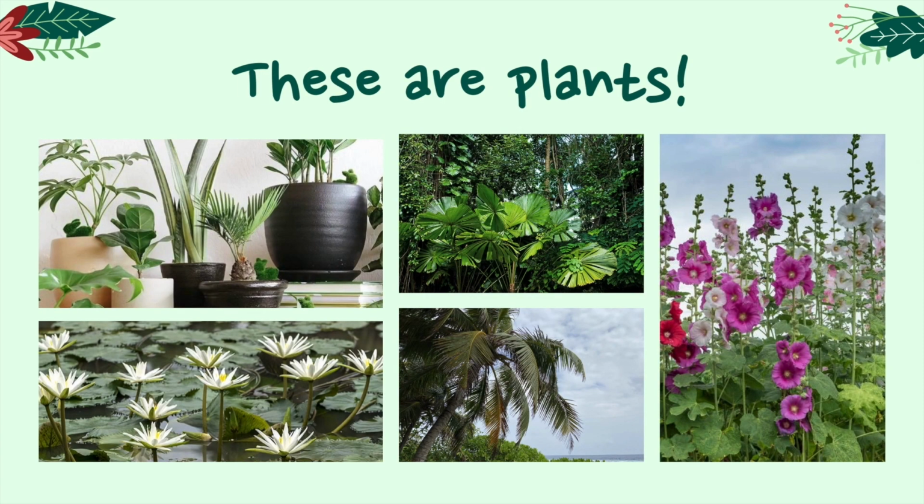If you picked A, you are absolutely correct. These are plants. There are many different types of plants in the world, such as forest plants, plants with flowers, plants you keep at home, and so much more.